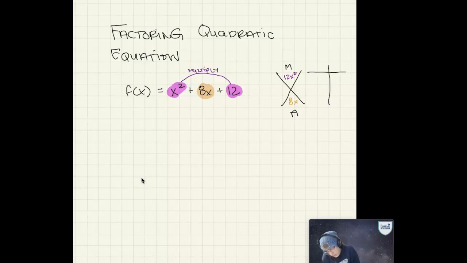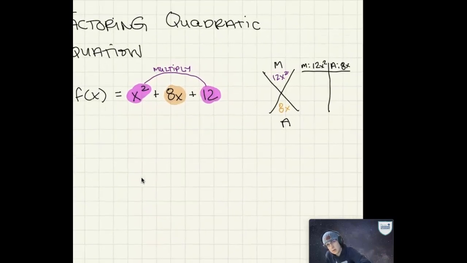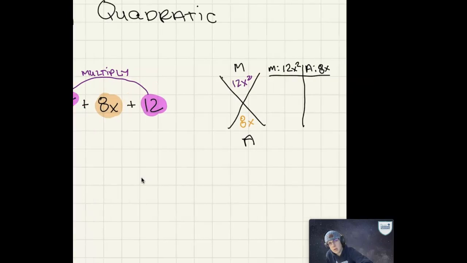And I want you to remember while you're watching this video, hang on, let me write this down first. So what multiplies together to get 12x squared and what adds together to get 8x. And so now you're just going to write down the factors of 12. I'm going to make this a little bit bigger for the moment.